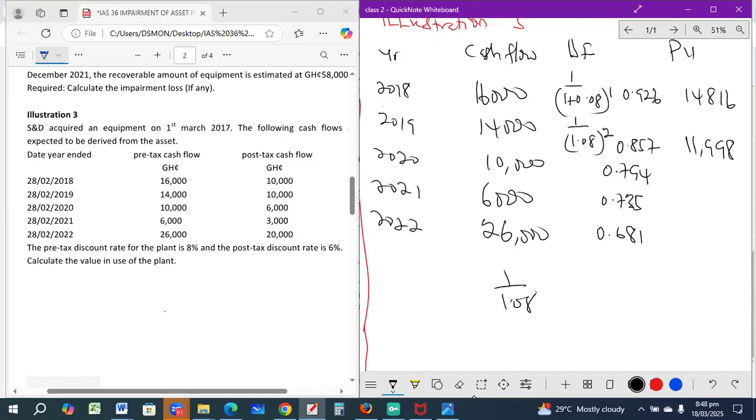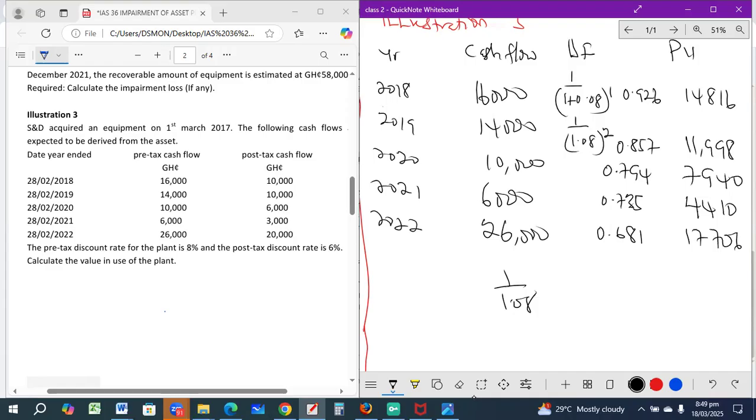Year 3, 10,000 times 0.794 is 7,944. Then the next one, 6,000 times 0.735 is 4,410. Then 2022, 17,706.